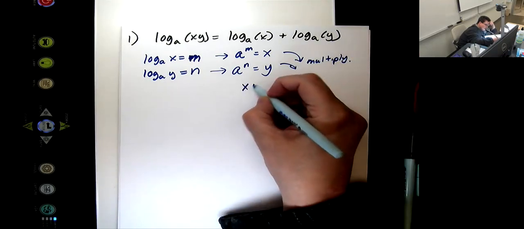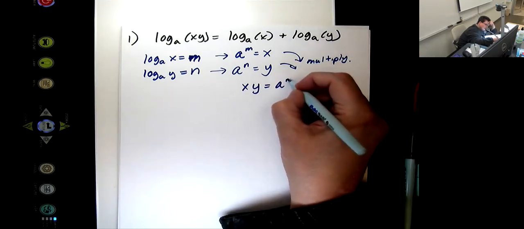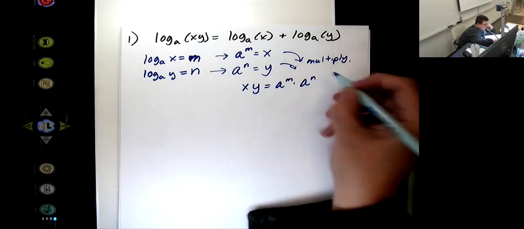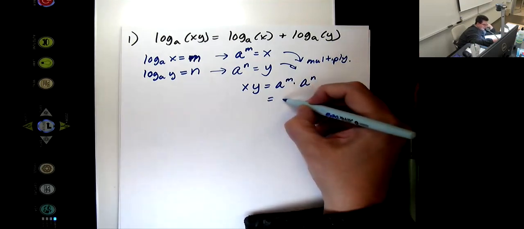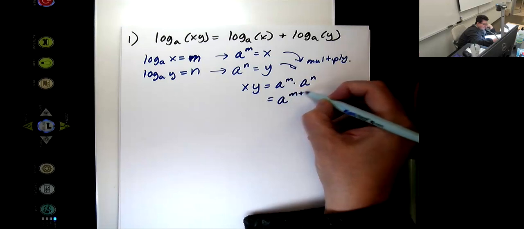X times Y is A to the M times A to the N, which is A to the M plus N.